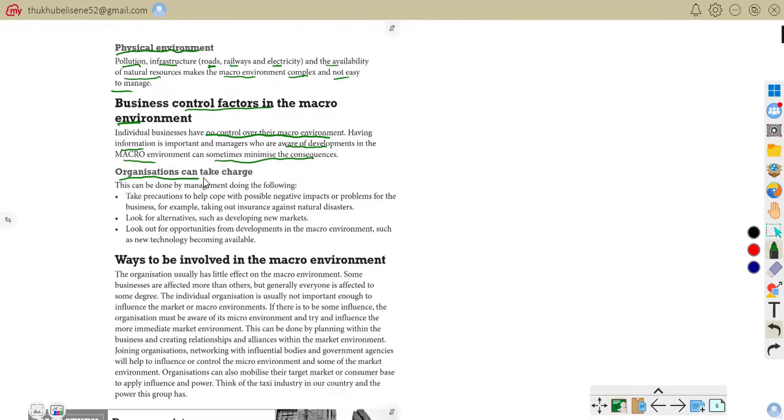Organizations can take charge. This can be done by management doing the following. Take precautions to help cope with the possible negative impacts and problems of the business, for example, taking out insurance against natural disasters.